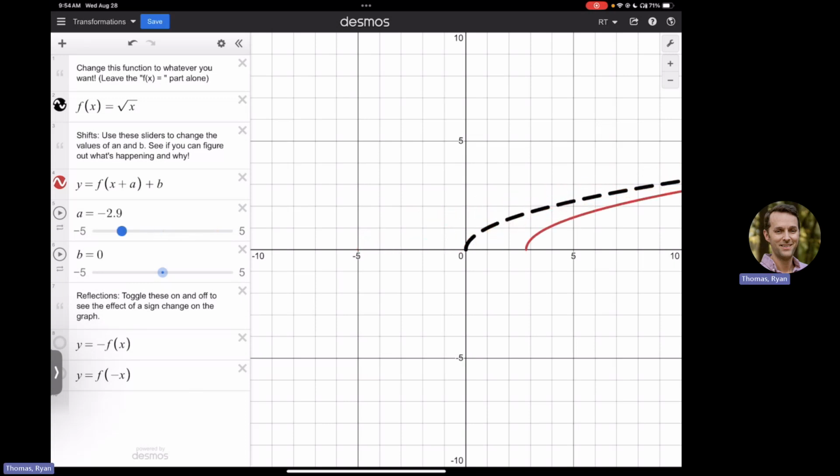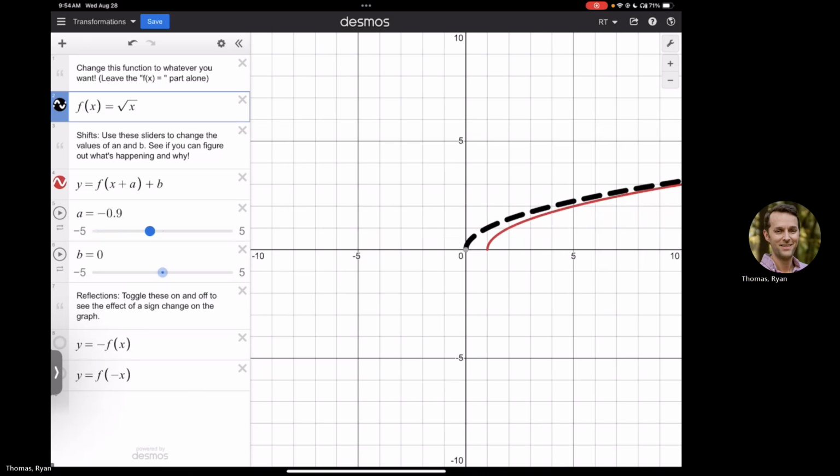If I make a a negative value, you can see what the graph does. Hopefully you can tell that, as I slide this across, a is -3 right now, and the graph is now sitting at (3, 0), where before that starting point was at (0, 0).